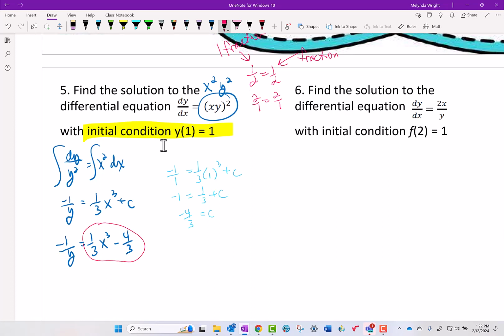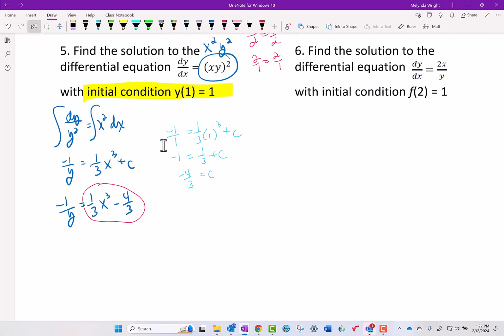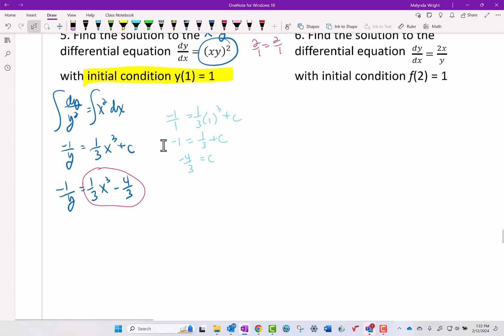Now, it already has a common denominator. It's really not going to be that hard, right? So let's do that. So I have -1/y equals x cubed minus 4/3. Okay, and now I'm going to pause for just a moment and make sure we're okay. Does everybody understand? So I have one fraction equal to one fraction.